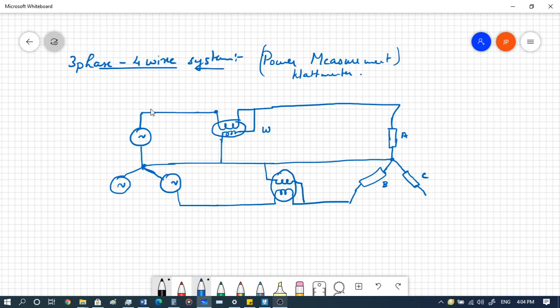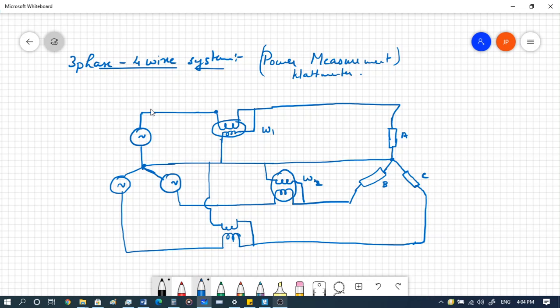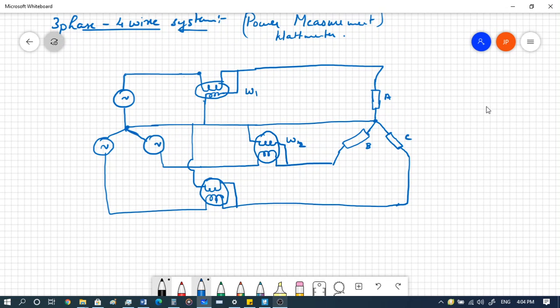Let's call this W1. This is the W2 reading, and let's say this is connected to C, and so this is how you connect, how you will measure the power.